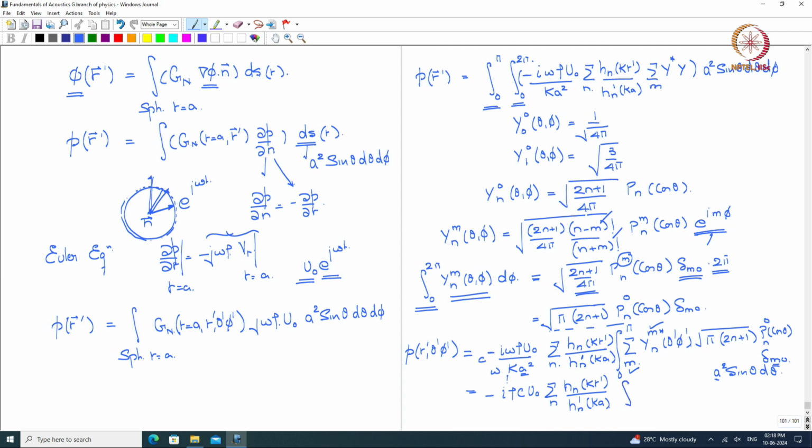So, I will end up with integral 0 to pi Y n theta dash phi dash, okay, or Y0 conjugate n theta dash phi dash, then root over pi twice n plus 1 P0 n cos theta sin theta d theta. Let me take this to the next page first, and we will sort it out again.